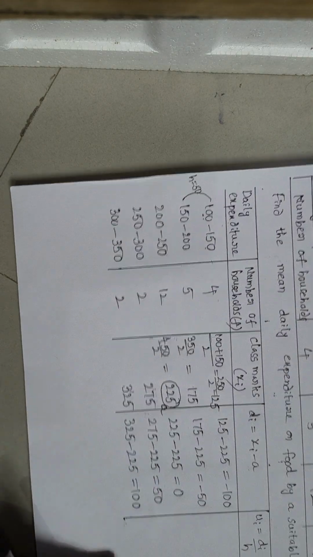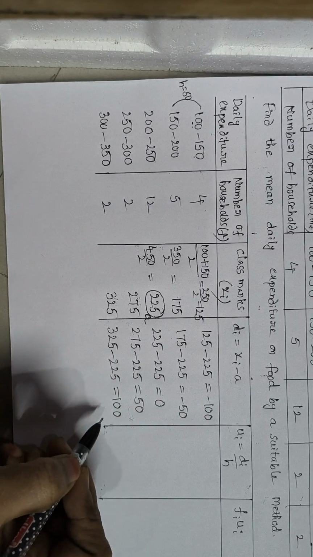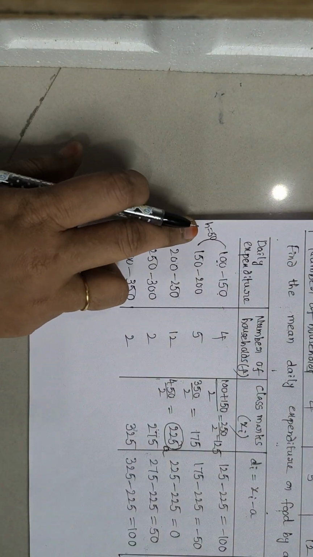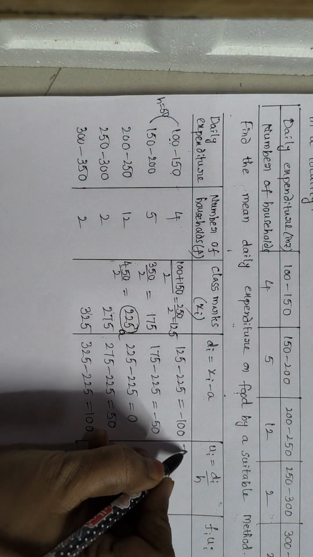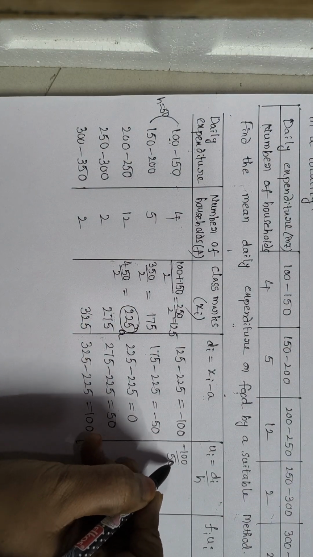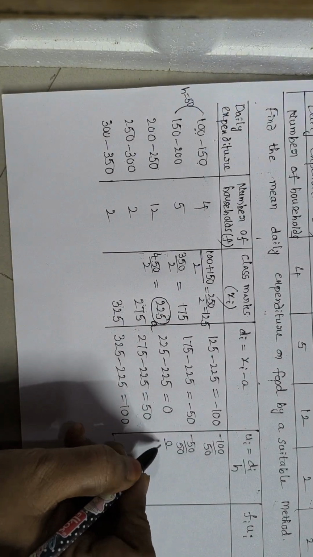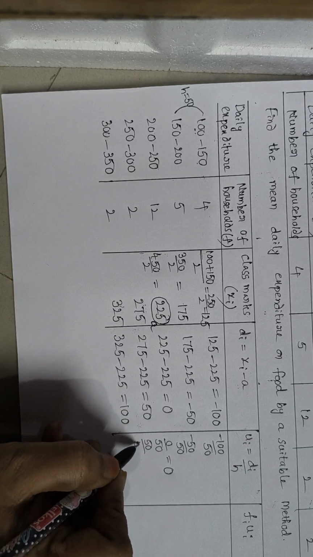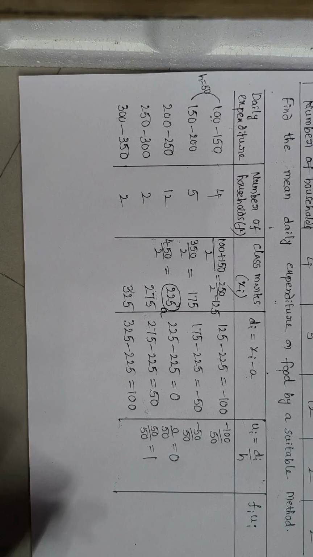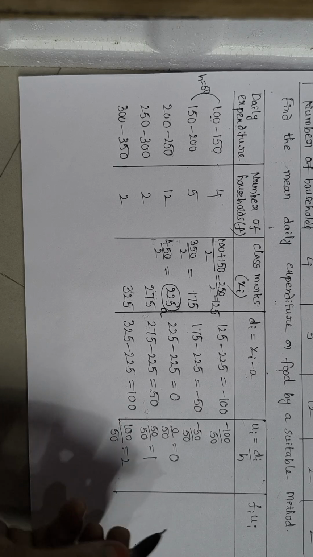Okay. Now divide these deviations by h. What is h? H is equal to 50. So minus 100 by 50, minus 50 by 50, 0 by 50, which is equal to 0, 50 by 50, which is equal to 1, 100 by 50, which is equal to 2.